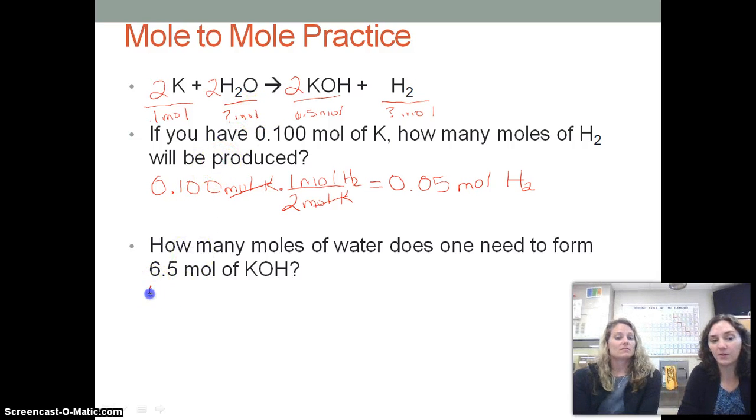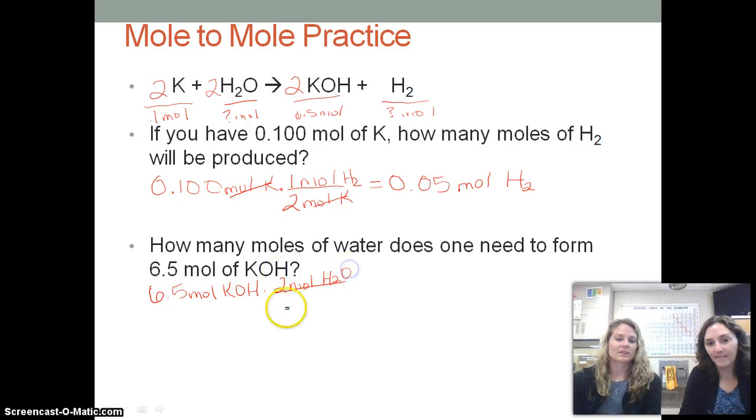Okay, so we always start with our given. Yep, 6.5 mole of KOH. What we want to find is the mole that's going to go on the top, which is our water, which is 2 moles of water. And going on the bottom is 2 moles of KOH, which the 2 and the 2 are pretty much going to cancel to a 1 and a 1.